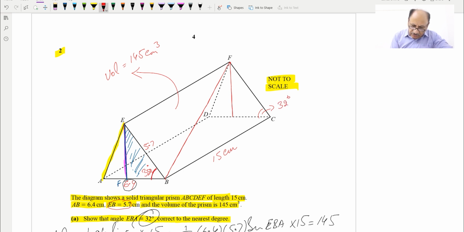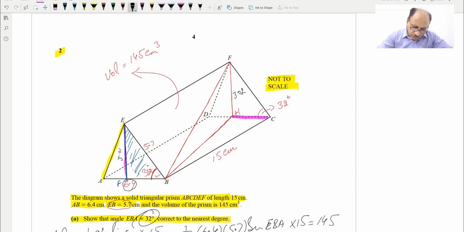Now we will join B with this point, which we can name H, and we require this length, FH, which is the same as 3.02, which we already calculated.